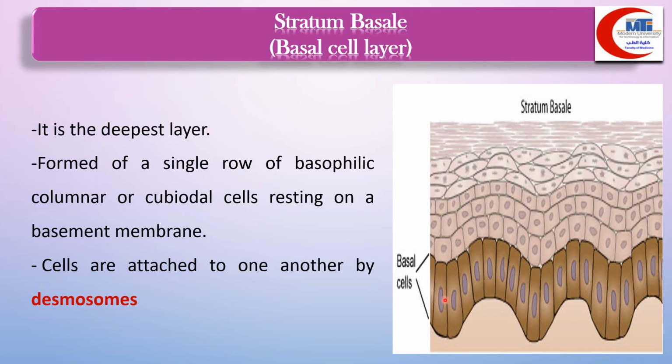The stratum basale or the basal cell layer is the deepest layer of the epidermis. It is formed of a single row of columnar or cuboidal cells resting on a basement membrane. The cells have basophilic cytoplasm, and they are attached to one another by desmosomes.